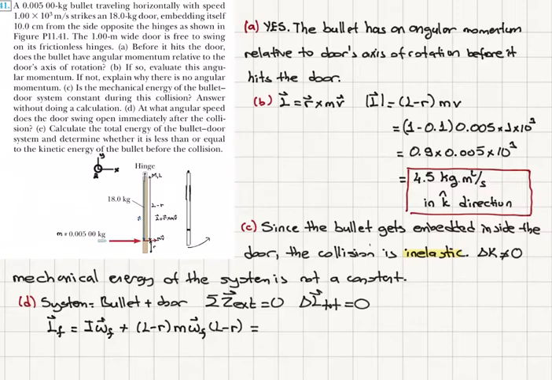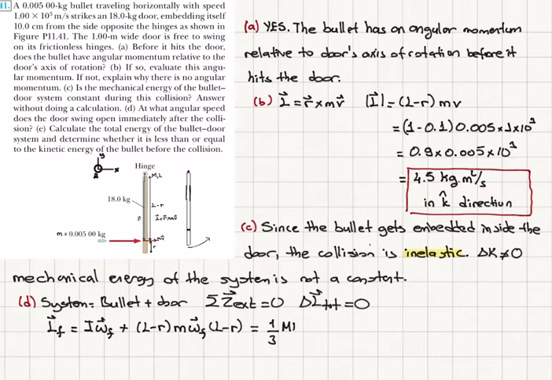So I'm going to find that the final angular momentum will be the moment of inertia of this door with respect to its end point for rotations around the end point.